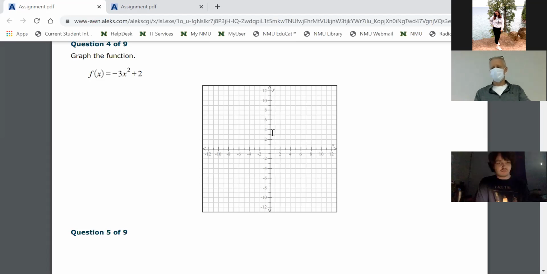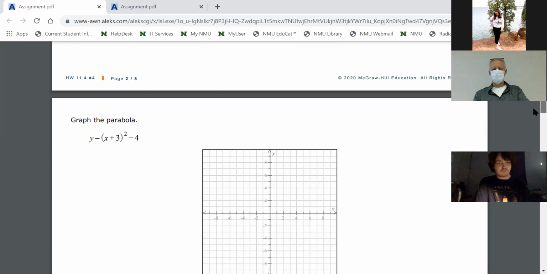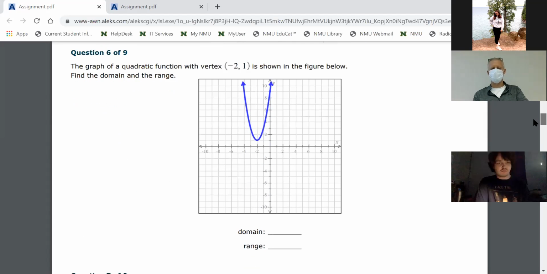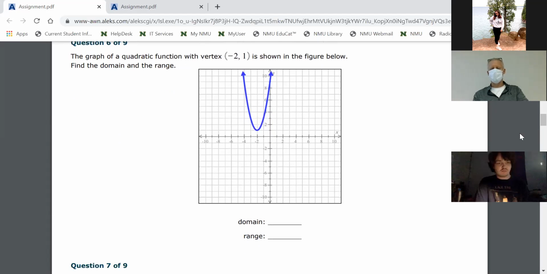Okay, what I wanted to show you and share with you is another concept that we're going to do here, but we also are going to end up probably doing it again about quadratic functions. Okay, so here's the graph of a parabola. It says the vertex is at -2, 1, as shown.